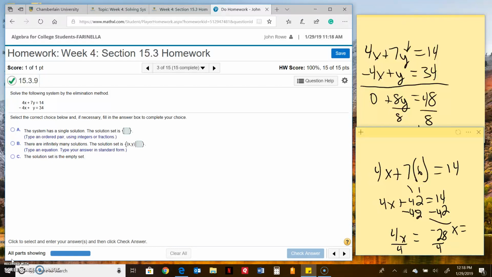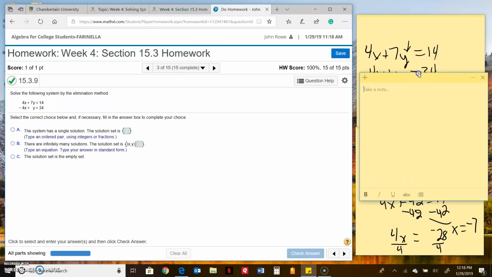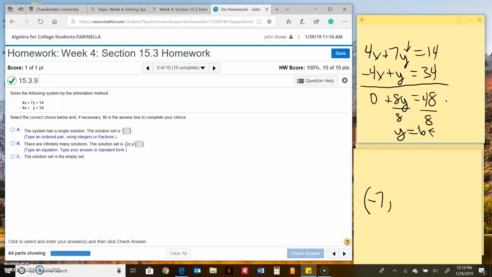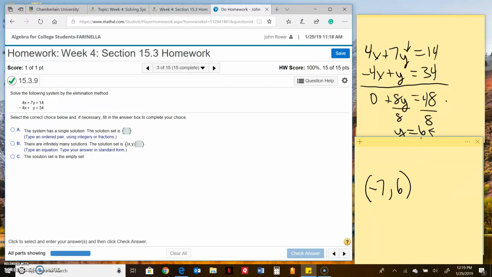X is going to equal negative 7. So our solution set is going to be negative 7, comma 6. And what we can do is we can check these by plugging them into the equation over here.